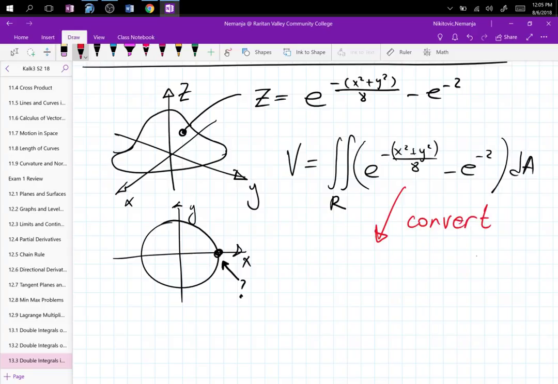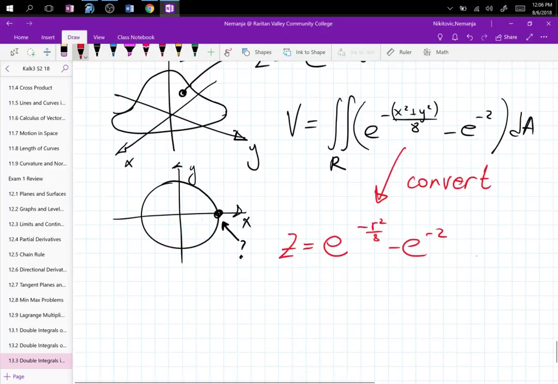And then you will quickly see that the inner integral is supposed to be r dr, right? So your limits should be r1 and r2. Well, when you convert this to polar coordinates and you set z equal to 0 because you want to see what happens at the floor where z equals 0, you will get your r's. Great. Let's go. Convert this. This is simply going to be e to the negative r squared over 8 minus e to the negative 2. So that's what your z now is equal to in polar coordinates.